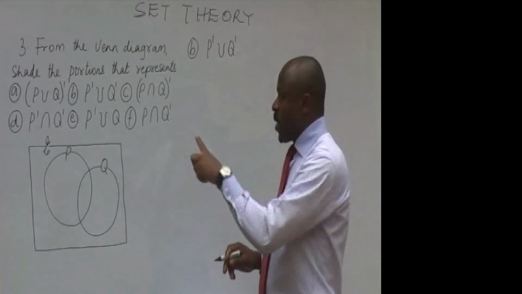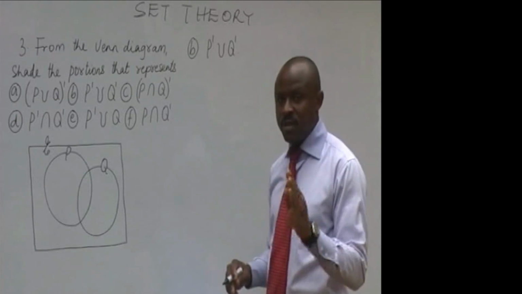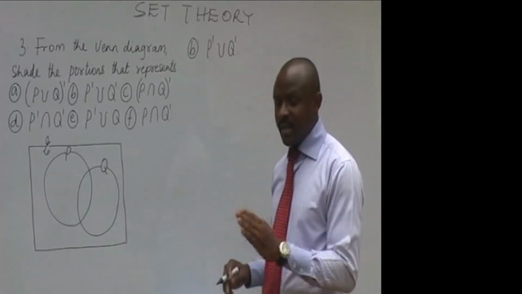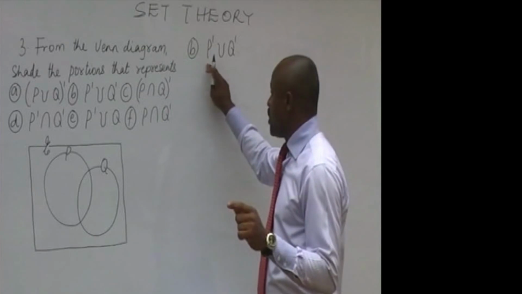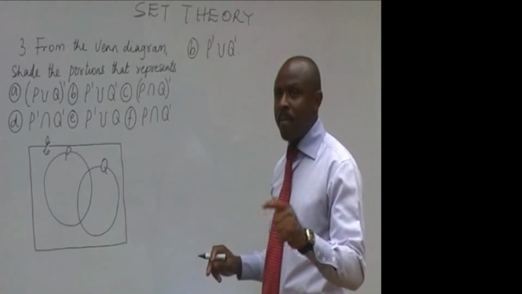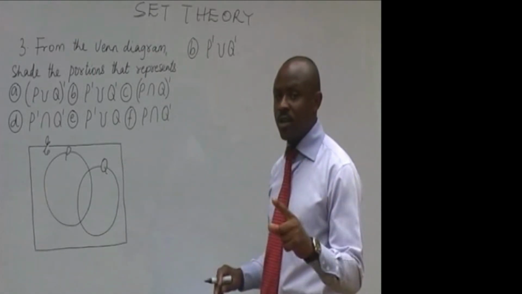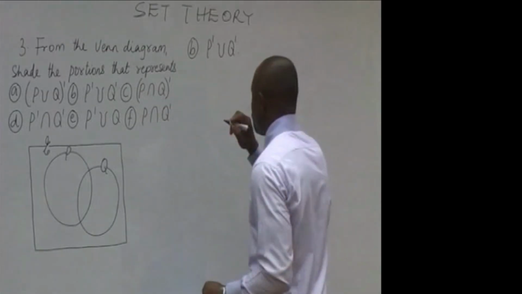Remember, in question number A, we used integers from 0 to 10. We used P to be prime numbers, and we use Q to be factors of 8. So that's also what we're going to use now.